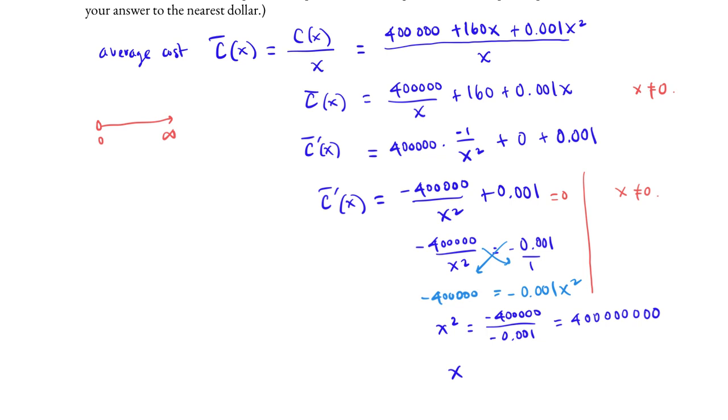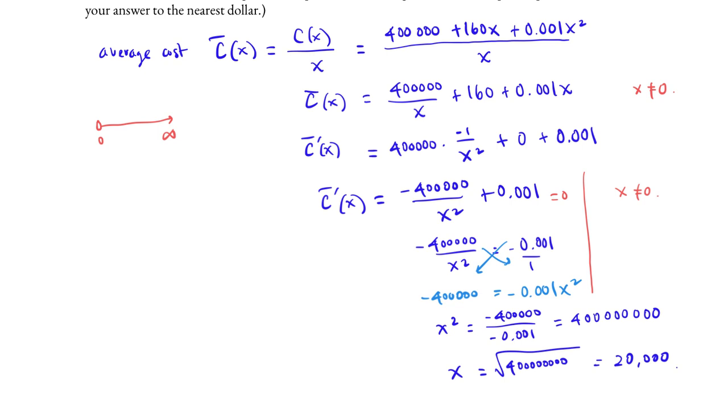The square root of x squared, or the square root of 4 with 8 zeros, will give us 20,000. The square root of 4 is 2, and the square root of 10 to the 8 will give us 10 to the 4th. So this is 20,000. This is the number of 32 gigabyte iPhone 6 that they should manufacture in an hour.